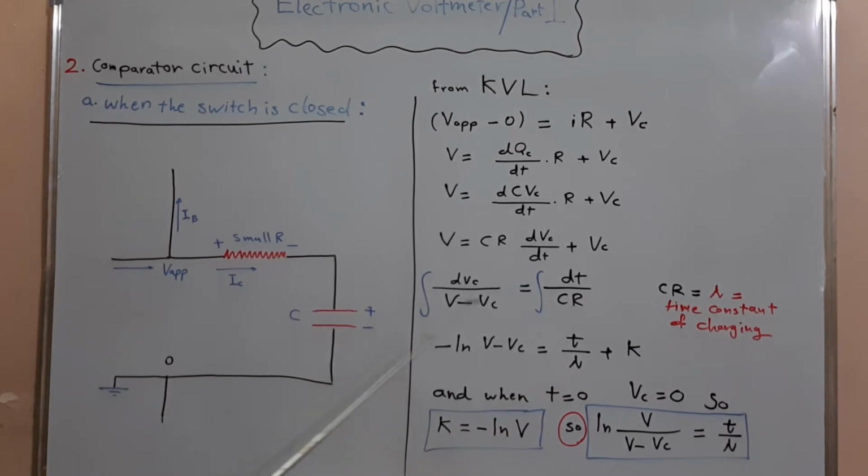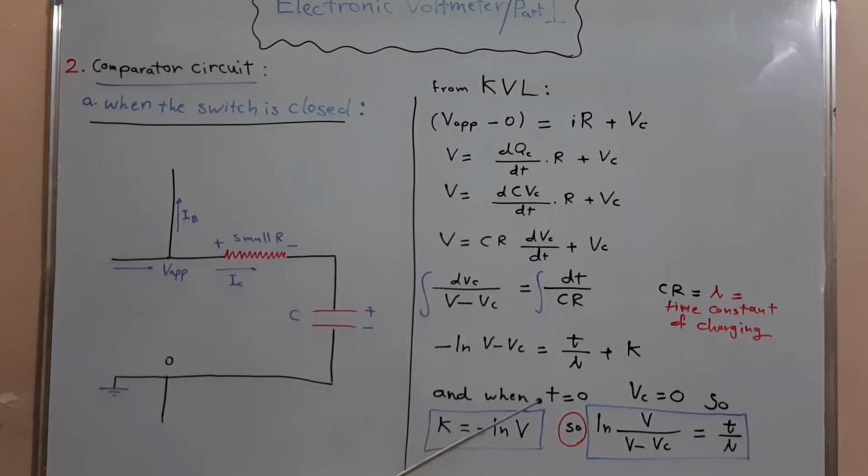So by taking the integration of the 2 sides, we get minus ln(V minus Vc), which is equal to t divided by gamma plus K. And K is the constant of integration. Its value can be known from the initial conditions.